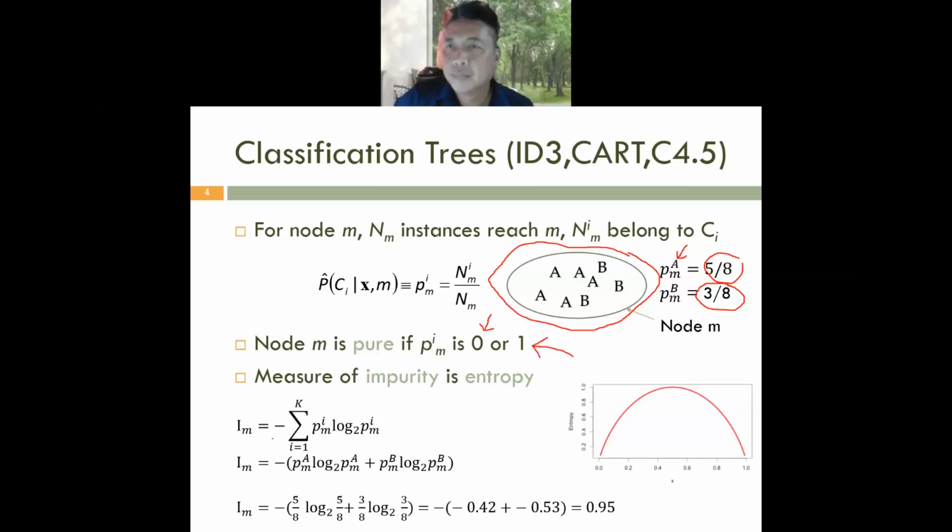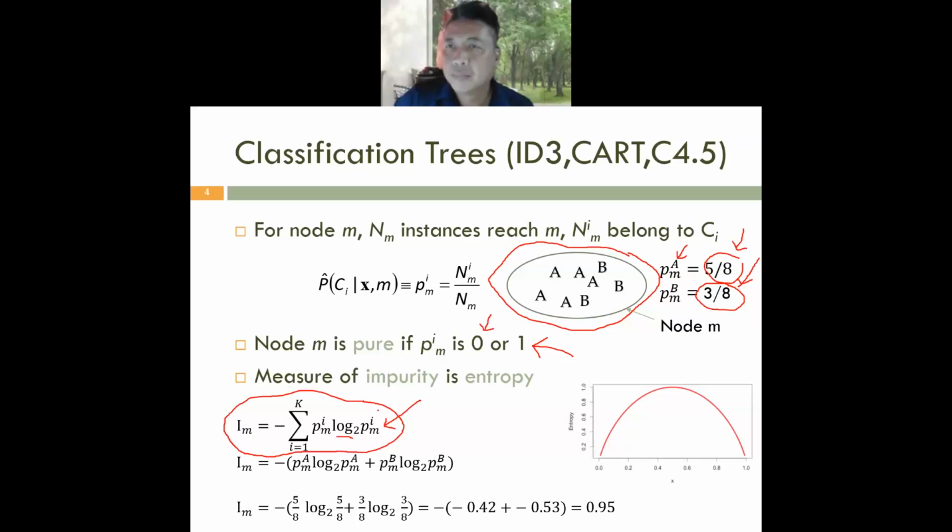So we will use what we call the entropy. This is the formula of entropy. It looks into the probability of having that class in that particular group. We'll use both values, and notice that we are using log base 2.